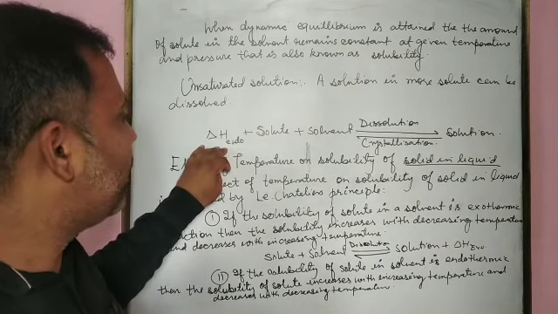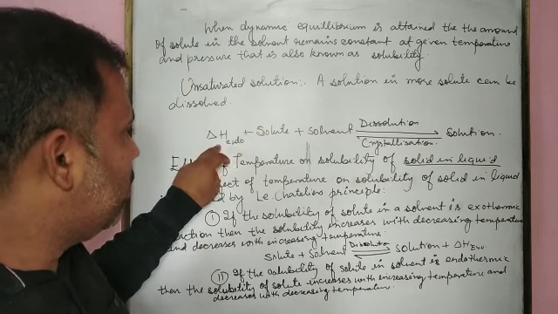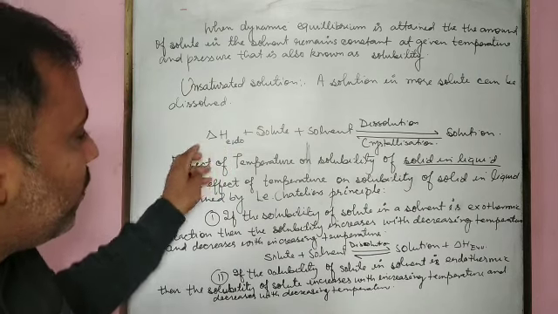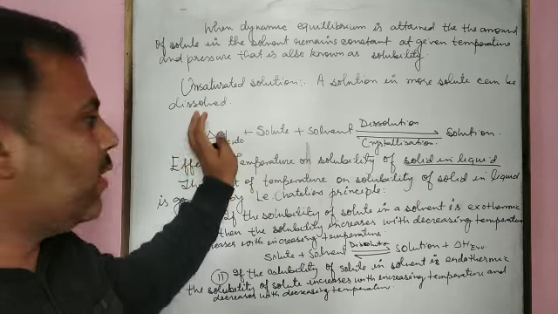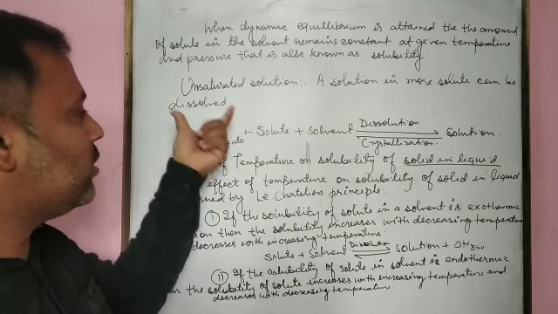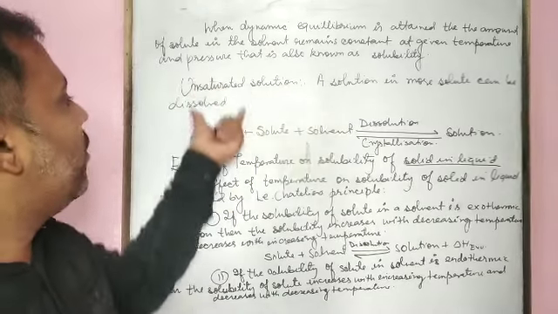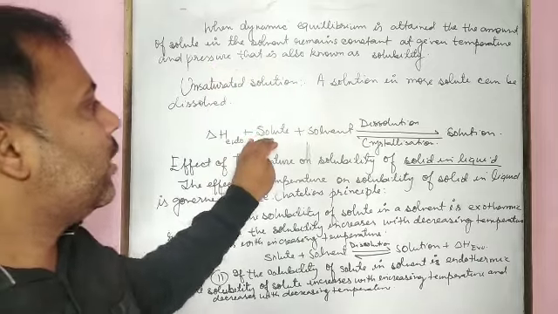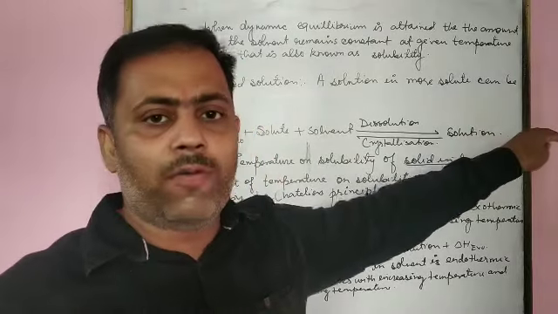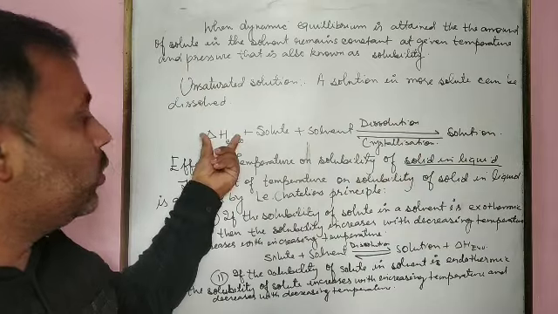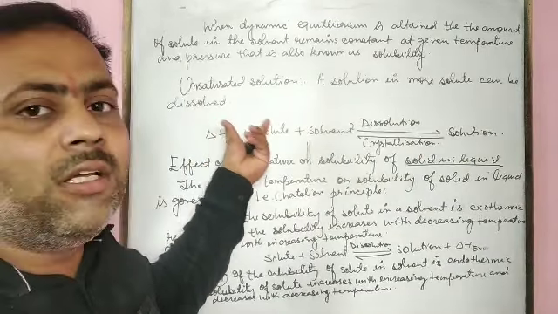When we increase the temperature, it means heat is provided here, which increases the amount of heat. When the amount of heat increases, the reaction will proceed in the forward direction to utilize the increased heat.